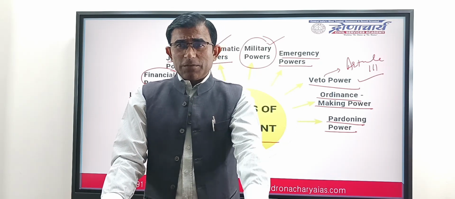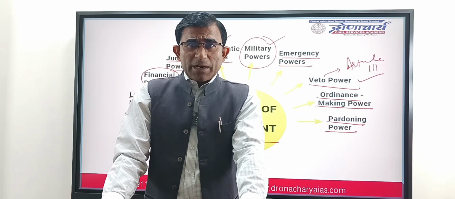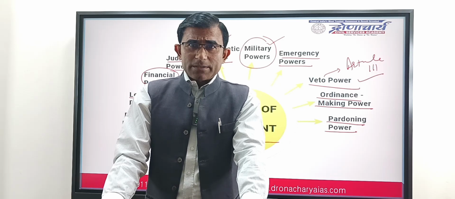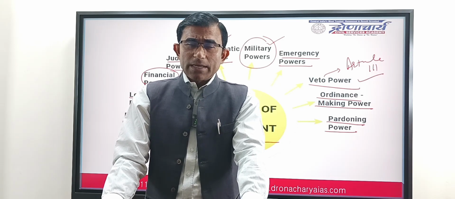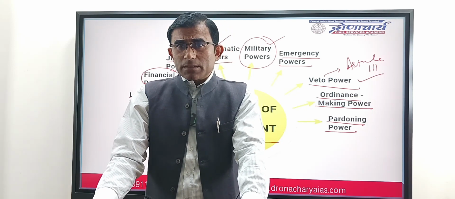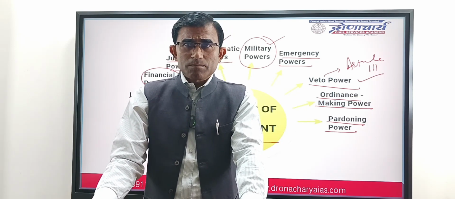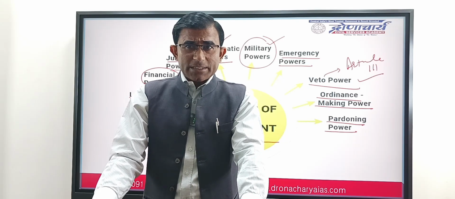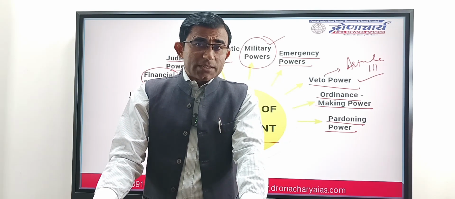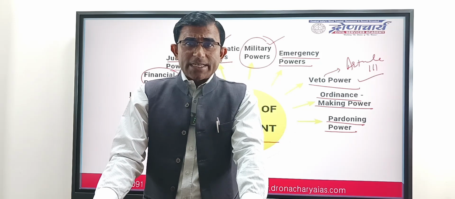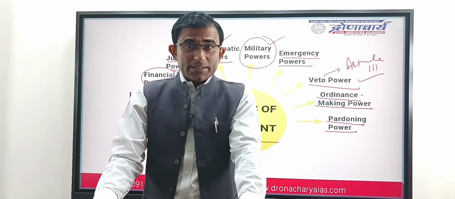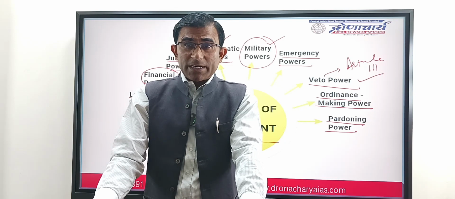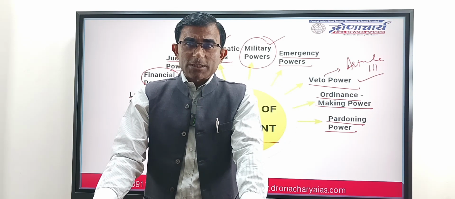First, the President can pardon sentences inflicted by the court martial, but the Governor cannot pardon sentences inflicted by the court martial. Second, the President can pardon death sentences, but the Governor cannot pardon death sentences, and can only suspend, remit, or commute a death sentence.